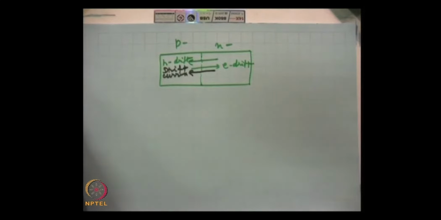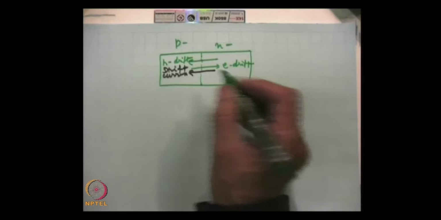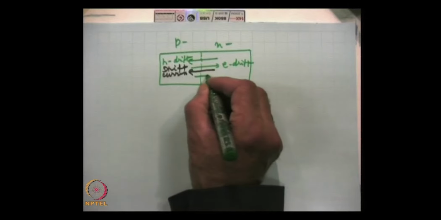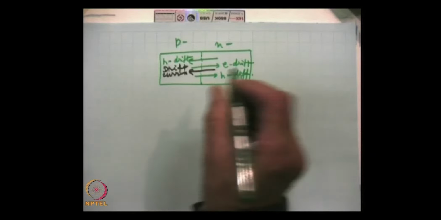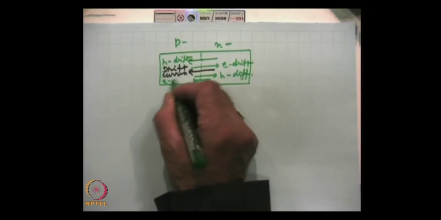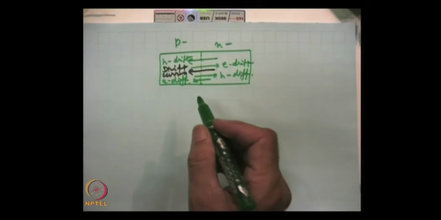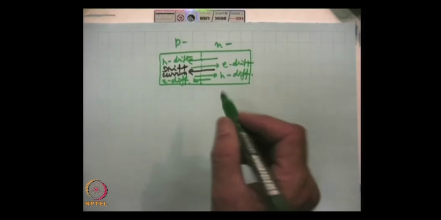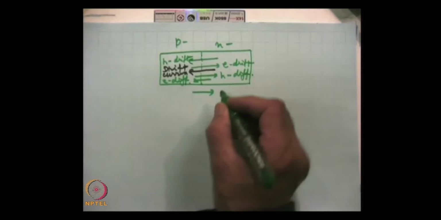Similarly, there will be hole diffusion and electron diffusion, and that will give rise to diffusion current in this direction.